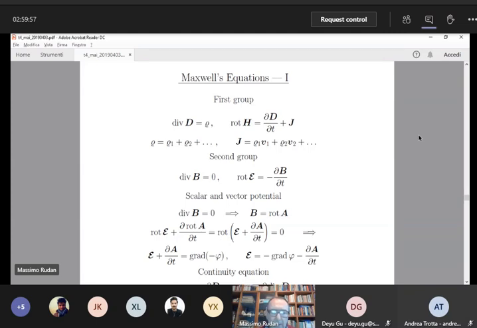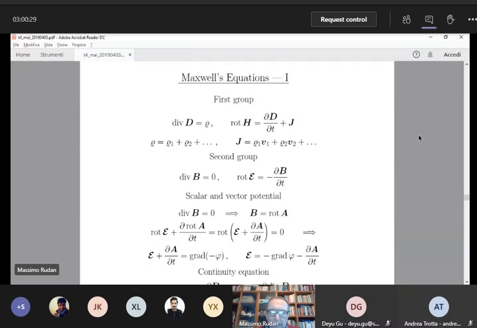Okay, so the charge density is one of the sources of the electromagnetic field. The second equation of the first group is that the rotational of the magnetic field H is equal to the time derivative of the electric displacement D plus the current density J, and the current density is the second source of the electromagnetic field.